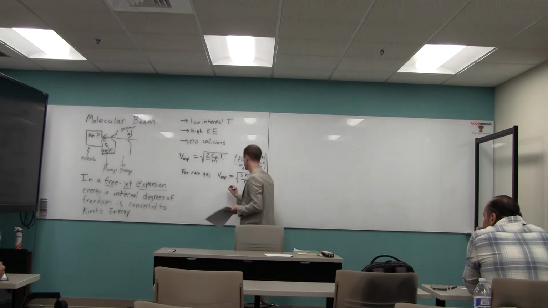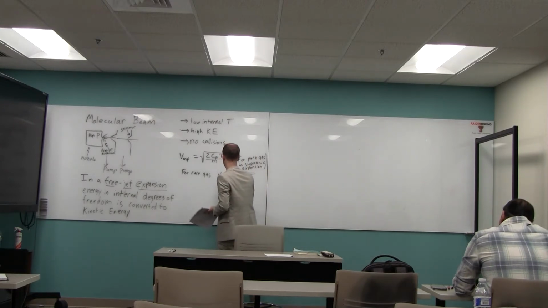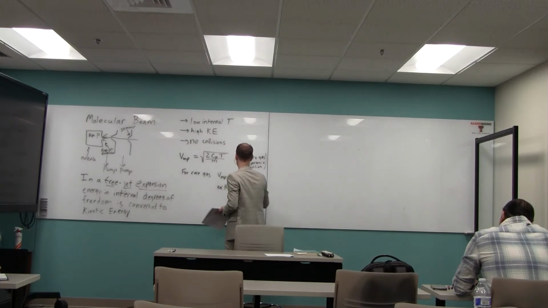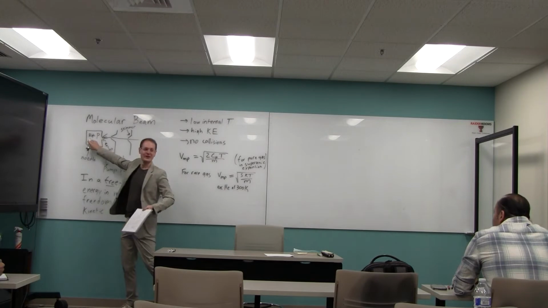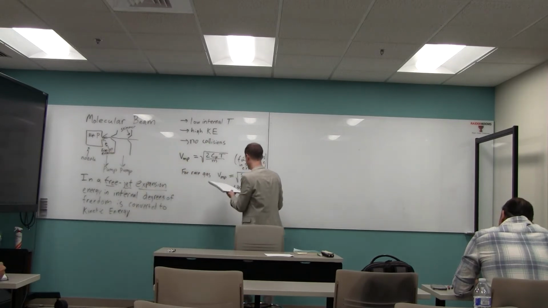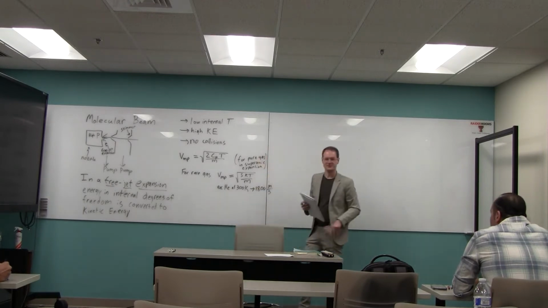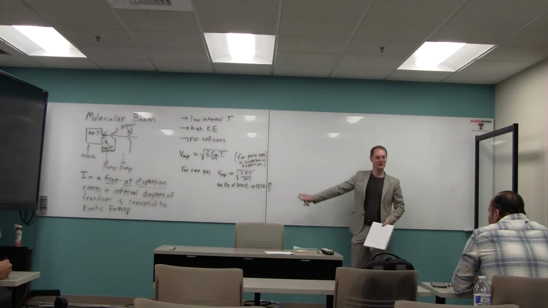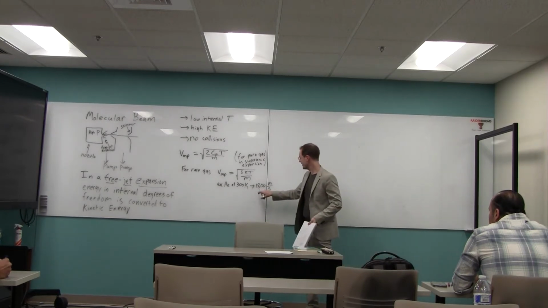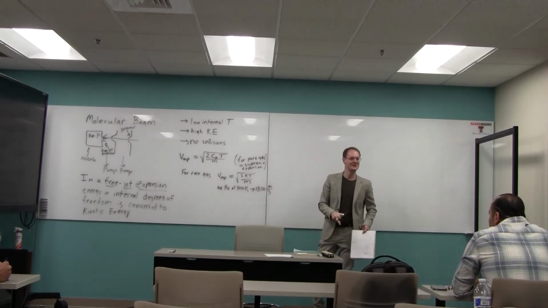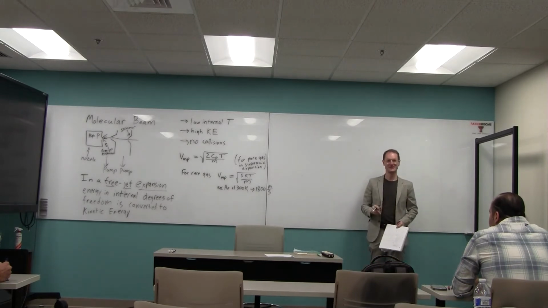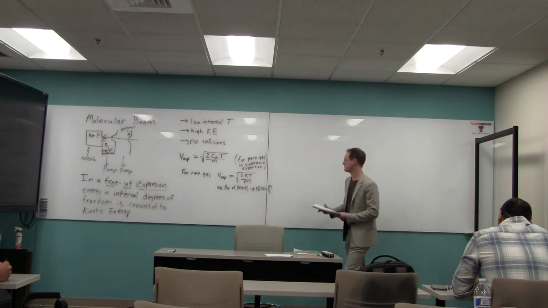So for helium, if you have helium at room temperature in your reservoir, then you end up with a molecular beam that has a speed of approximately 1800 meters per second. Or the units that I prefer in the lab are 1.8 millimeters per microsecond, right? Because that's more on the length scales and time scales that you're working with in the lab.